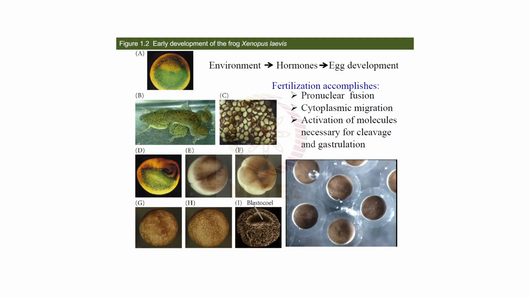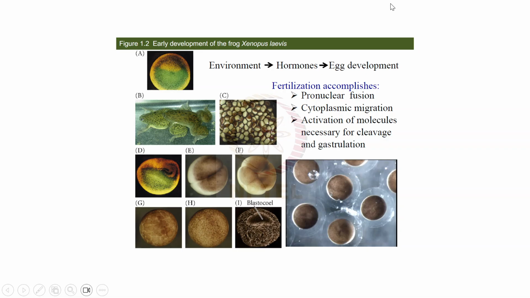As I told you, there are many molecules involved, many kinds of hormones involved, and they should be released on time. It's not that once it is released, it is released. No, it must be released at its proper time only, otherwise the total development will be hampered, and a deformed organism will be formed that may not even be able to survive. So it must be done at its particular time only.